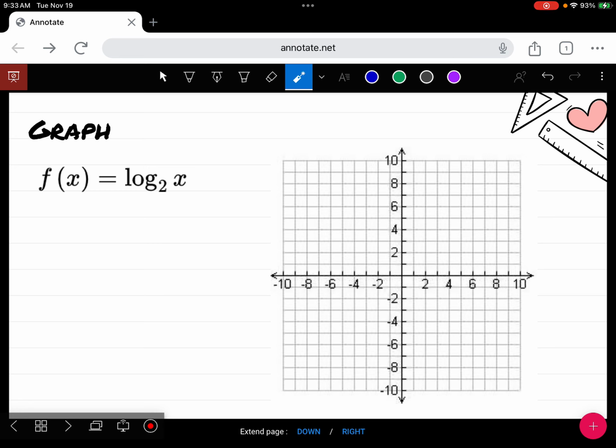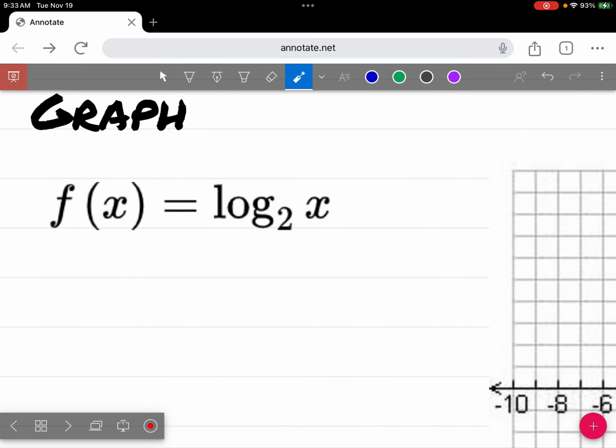So, what do we know about logs? Aside from we hate them. They're the inverse of our exponential functions. So when it comes time to graph a log, we're going to need to remember that they are the inverse of exponential functions.